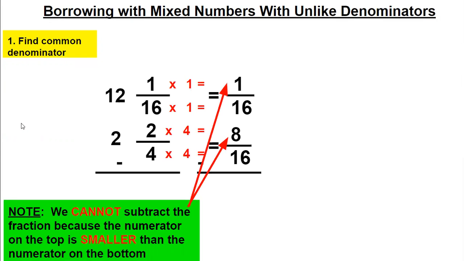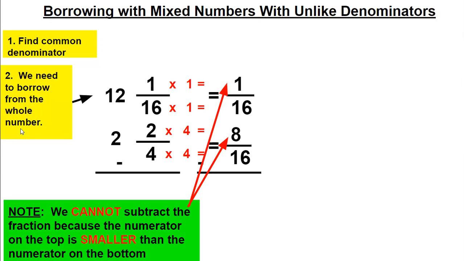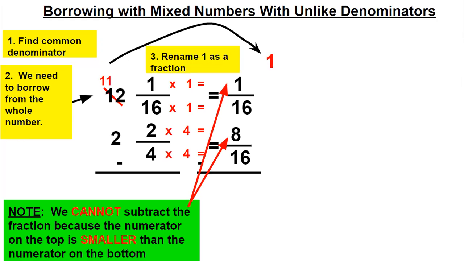I have to borrow. So I'm going to borrow from the 12. It's going to become an 11. I'm going to bring the 1 that I borrowed over to the fraction side. I'm going to rename it and not call it a 1. What am I going to call it? Well, I have a 16 on the bottom, so I'm going to call it 16 over 16, because that means 1.